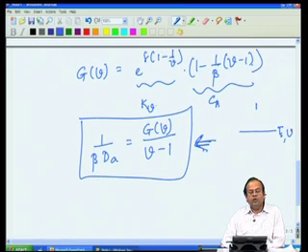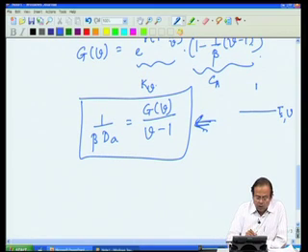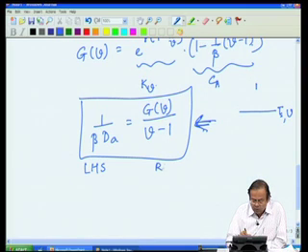But there is a graphical way of also solving this equation, which makes it easy to understand. As they say, one picture is worth 1,000 words. So, how do you solve this graphically? Look at the right hand side and left hand side. The left hand side equal to the right hand side is the solution of this equation.